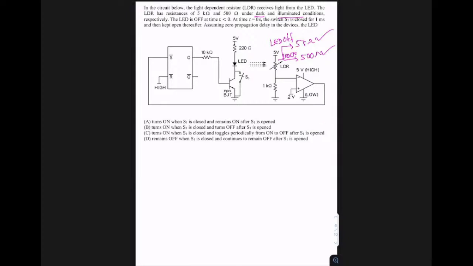And the last option says the LED remains off when S1 is closed and continues to remain off when S1 is open. Depending on these switching actions, we are supposed to tell whether the LED will glow or not.